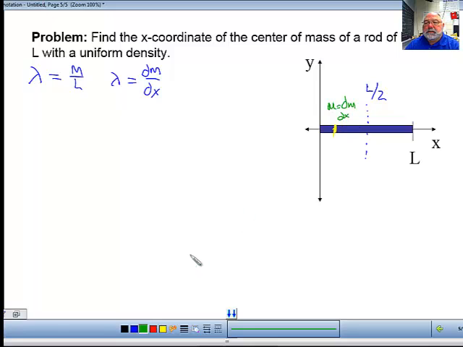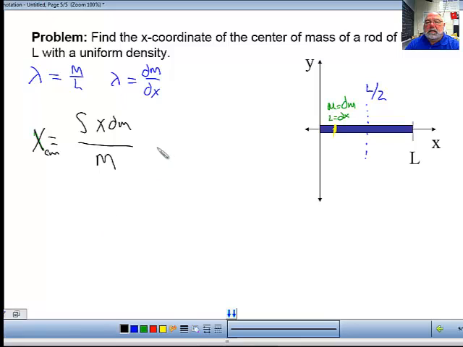We'll say L equals dx. Okay. Now, I think we're ready to start. So the center of mass in the x direction is equal to the integral of x dm over mass.